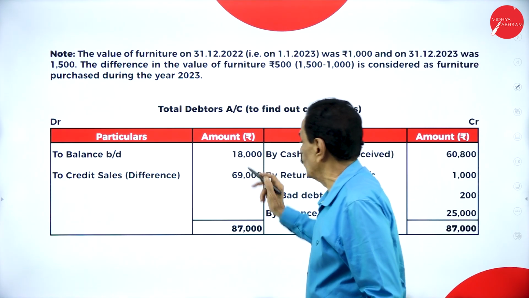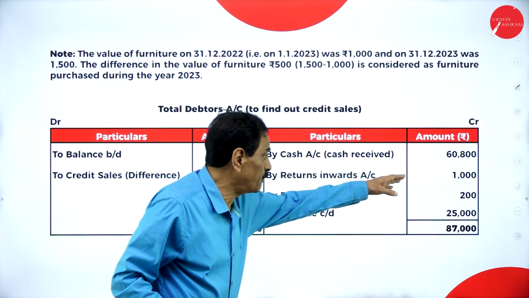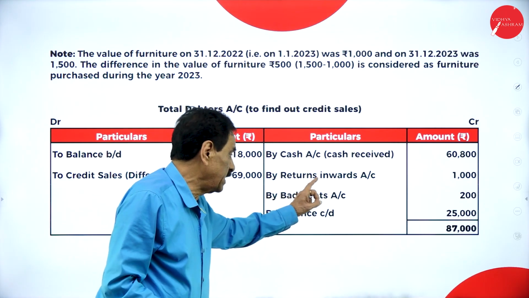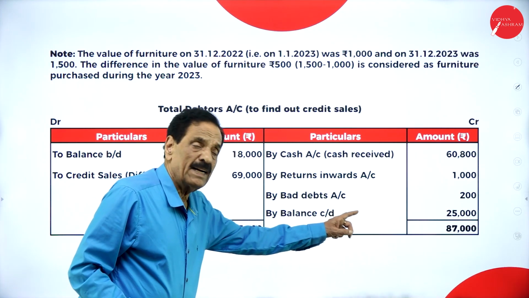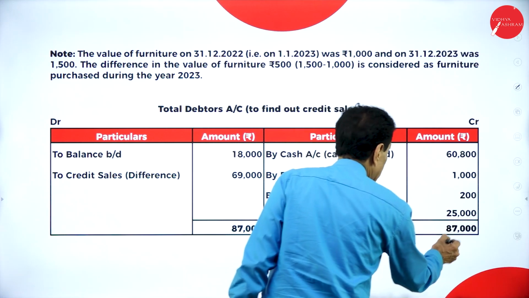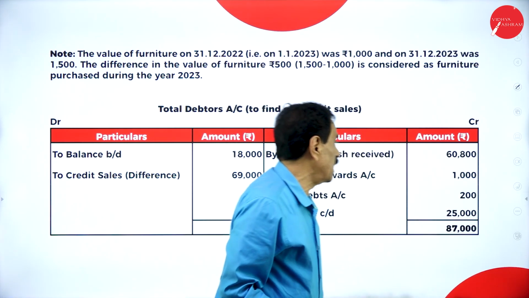Then you have to prepare the debtor account. To balance brought down, opening debtor is 18,000. By cash receipts from debtor 60,800. By return inward, means sales return, is 1,000. By bad debt 200. By balance carried down, closing debtor 25,000 is given. Totally it is 87,000.